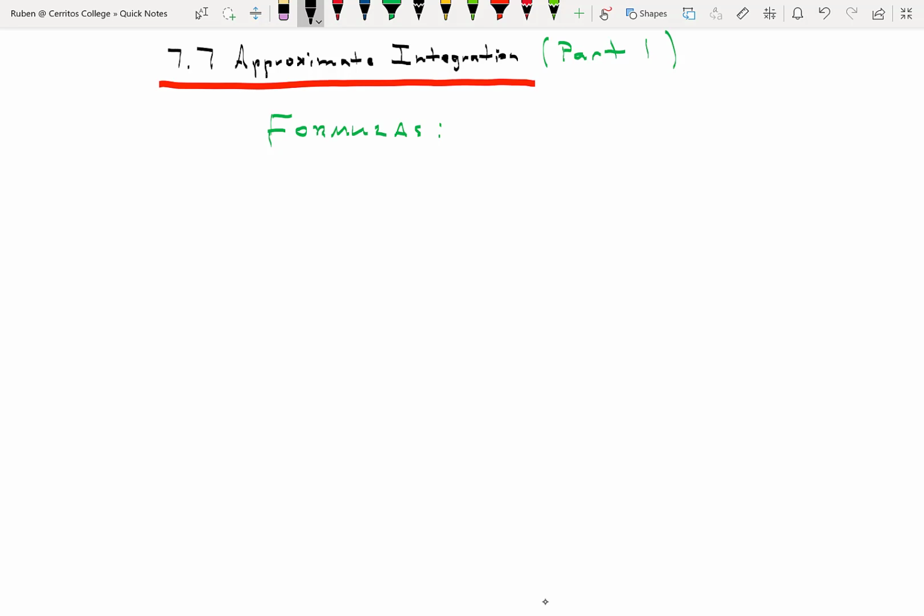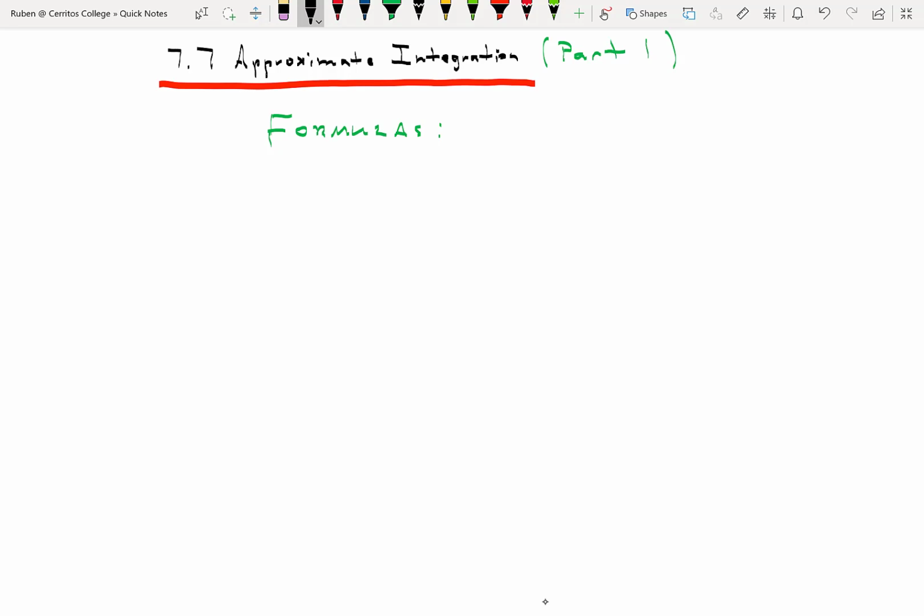Now, I mentioned earlier that finding antiderivatives is difficult at best. In real everyday usage, it's impossible or very, very difficult to find an actual antiderivative of a function.